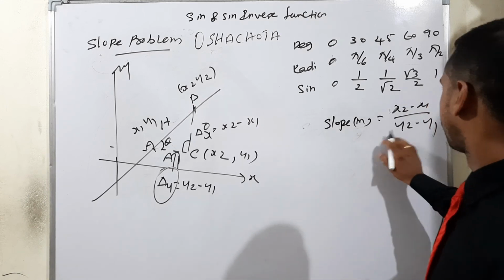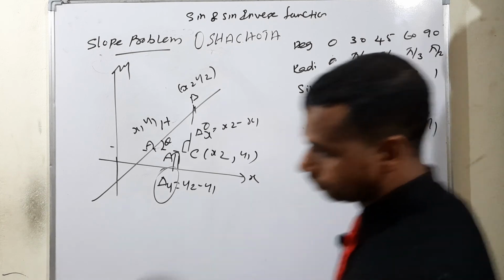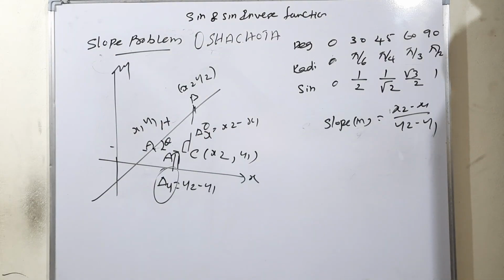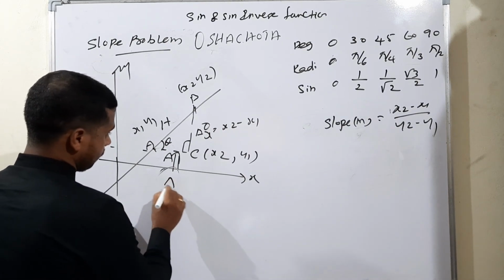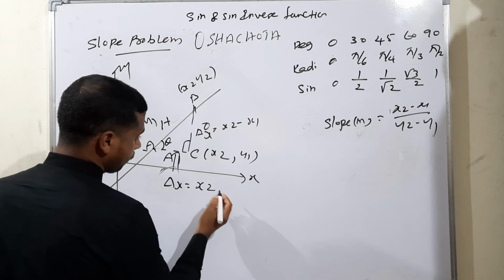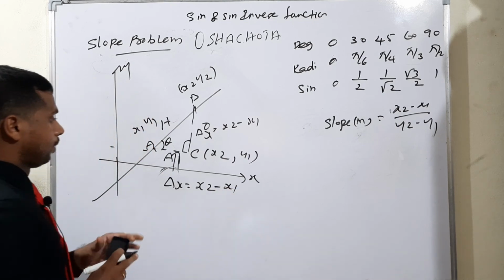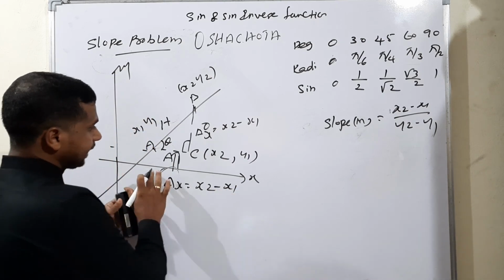Sorry, my dear, so now the slope m: actually del x is considered for x2 minus x1, because this is the x of the point.